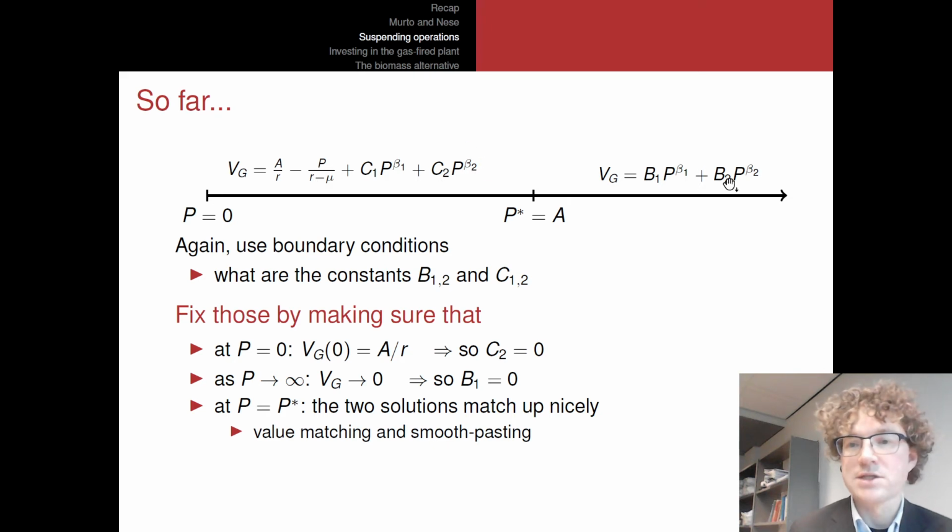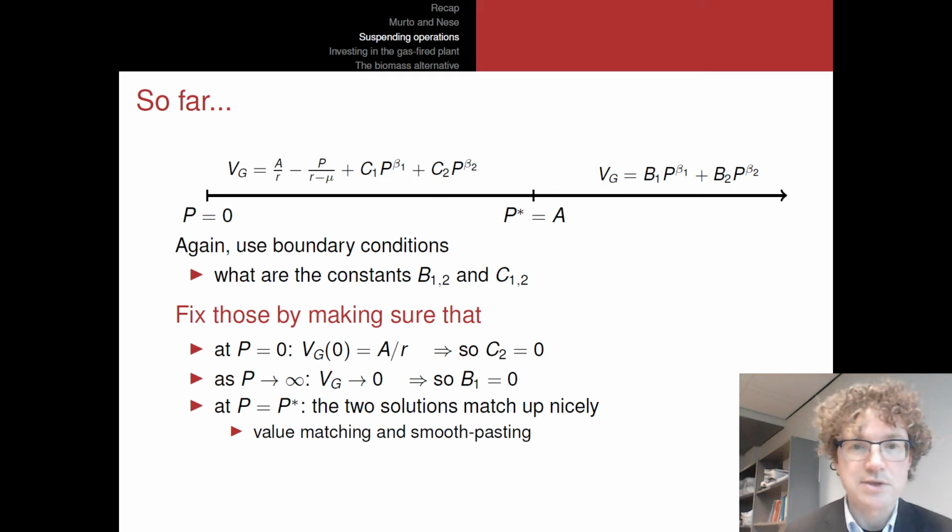On the right-hand side we have the regime in which there's no production, the plant has shut down for a while, and we only have these option and waiting terms, B1 and B2. And we know that the boundary between these two regimes is where the price of gas equals the price of electricity. Above this we switch off the plant, below this threshold we switch on the plant.